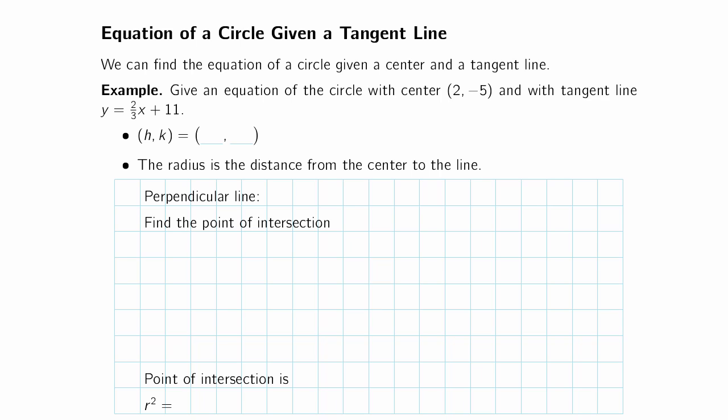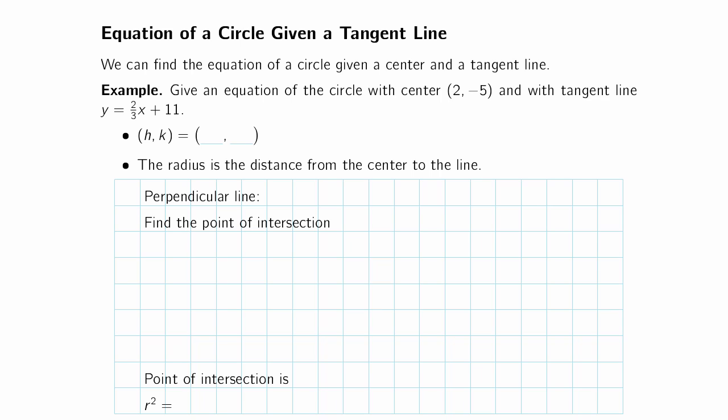Using what we know about lines, we can find the equation of a circle with a given center and tangent line. This is probably the most labor-intensive work we're going to do with finding the equation of circles, at least when the line is just any old line, as it is in this case.